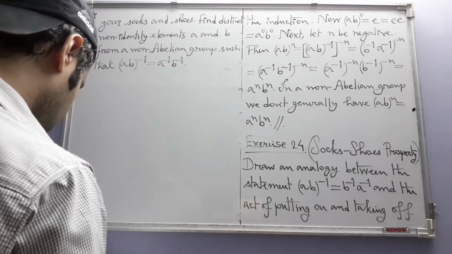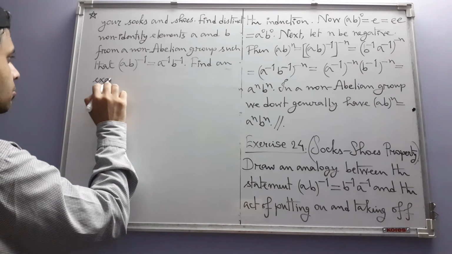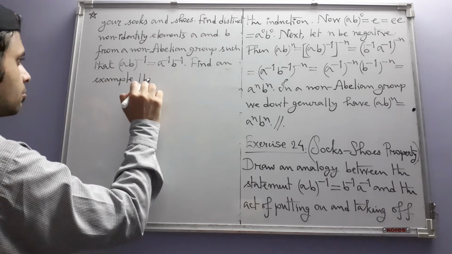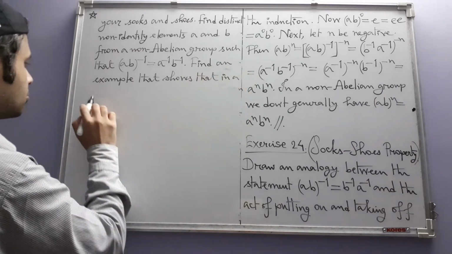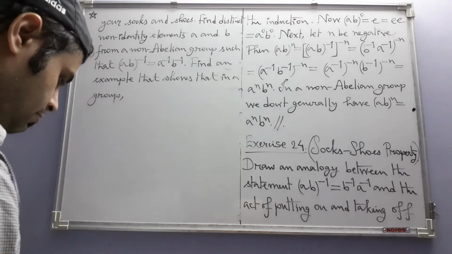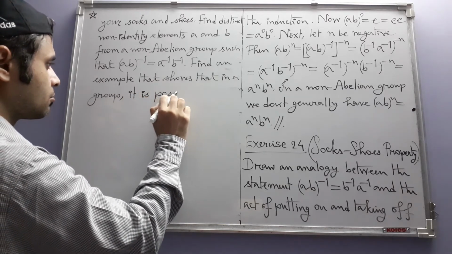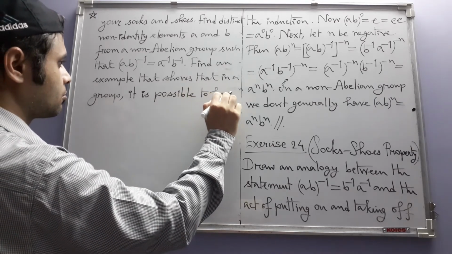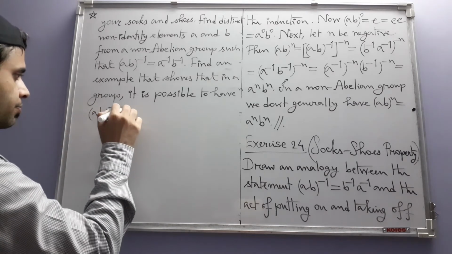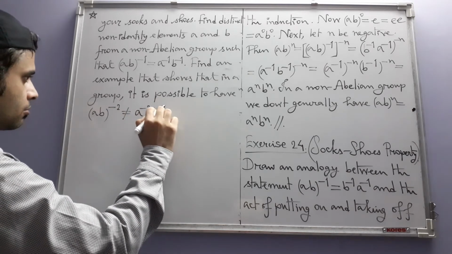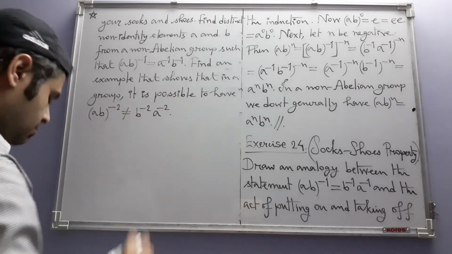Okay, find an example that shows that in a group it is possible to have AB to the power minus 2 not equal to, oh sorry, B to the power minus 2, A to the power minus 2.